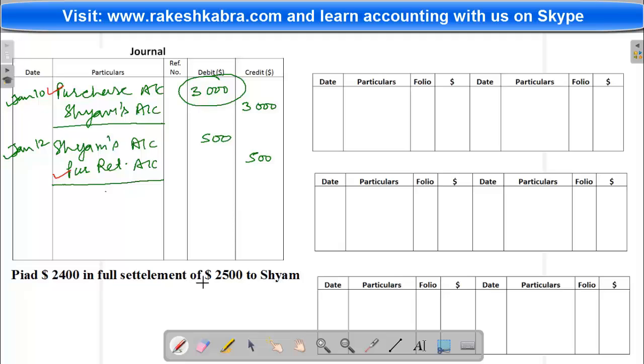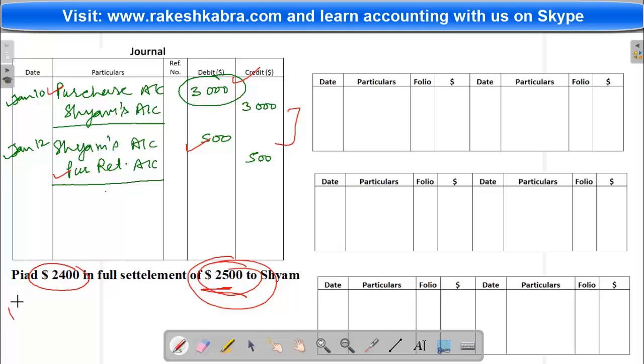Okay. So we have to pay $2,500 to Shyam. Why $2,500? Because see, earlier we purchased goods from him for $3,000. Then we returned goods for $500. So we have to pay how much? Only $2,500 we have to pay, isn't it? Yes. But we are paying only how much? $2,400. So we are paying him less.